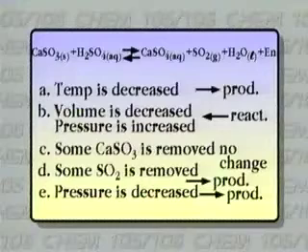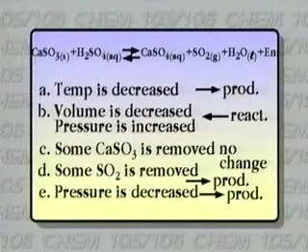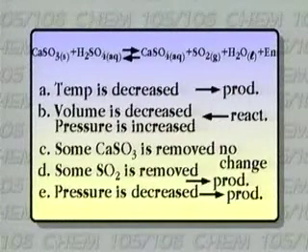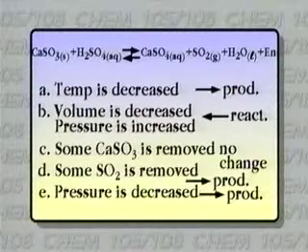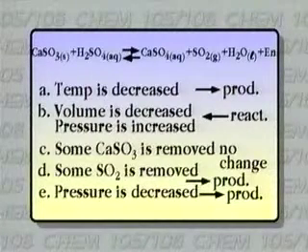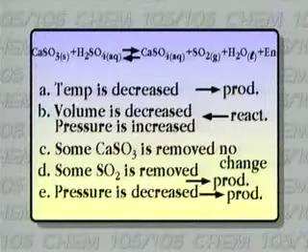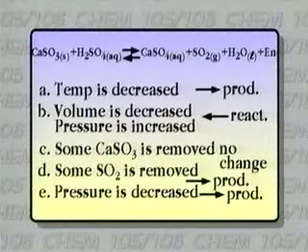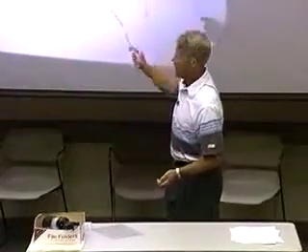And the only side that has any gas on it is the product side with the SO2. So if I decrease the pressure, the system will try to increase it, and it will increase it only by adding more gaseous particles. Okay? So it's going to shift towards the product side to give us more gaseous particles.